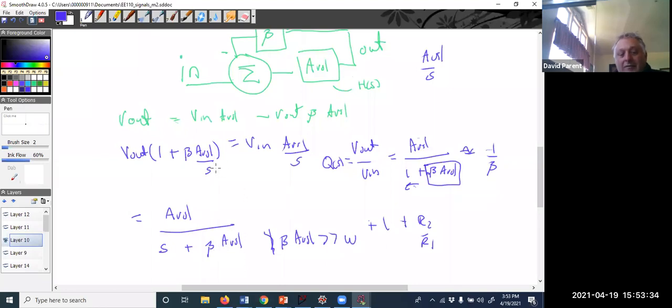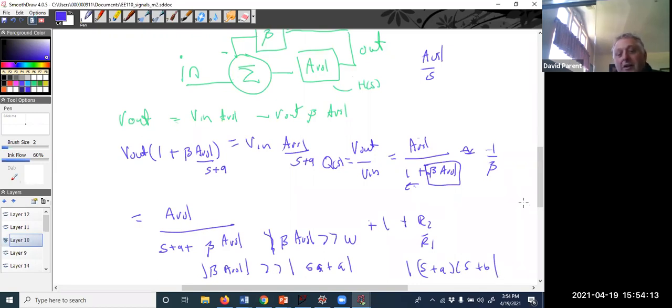I could have a single pole, right? And now I have to put it in terms of magnitude. The magnitude of beta times open loop gain has to be much, much bigger than the magnitude of S plus A. And if it was second order, it would be S plus A times S plus B, and just say the magnitude of that.